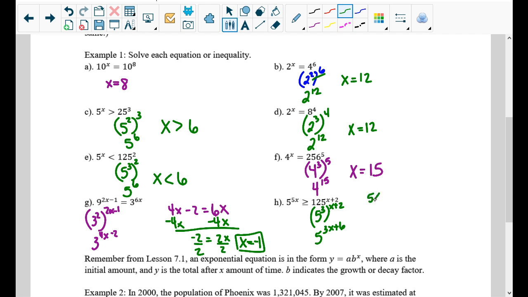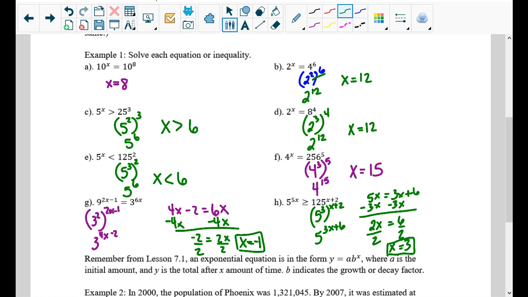So 5x equals 3x plus 6. Again, let's get our x's on the same side. So that leaves me with 2x on the left equals 6, and divide by 2, x then equals 3. So that is solving exponential equations and inequalities.